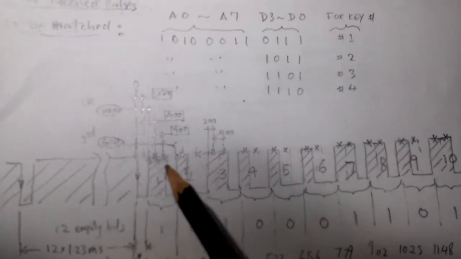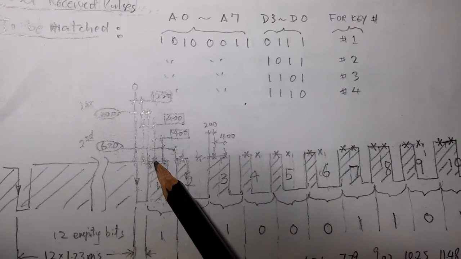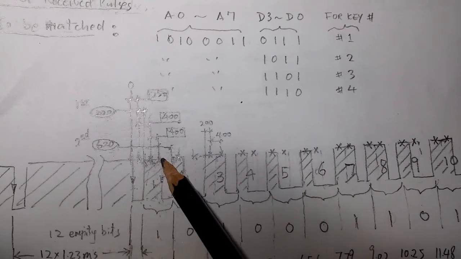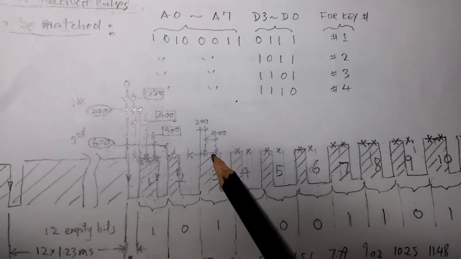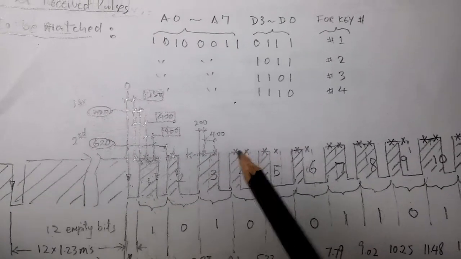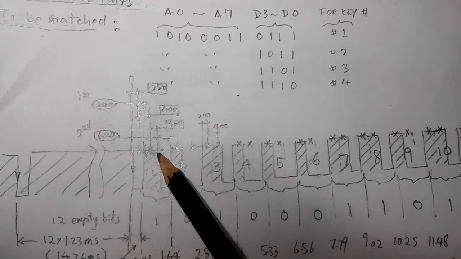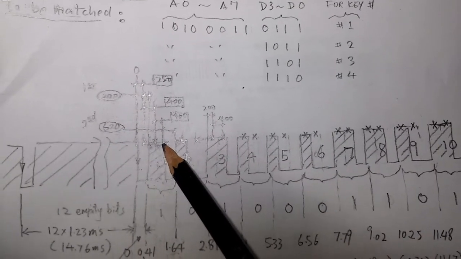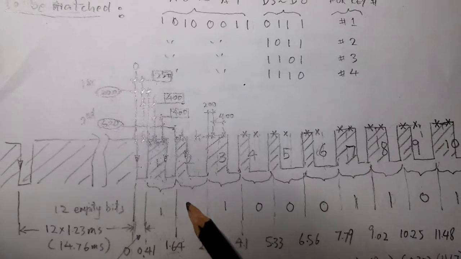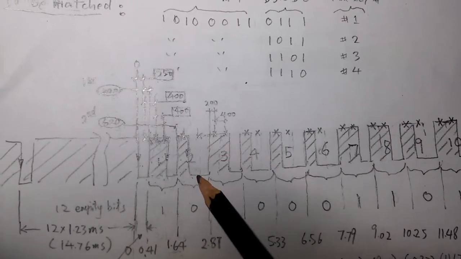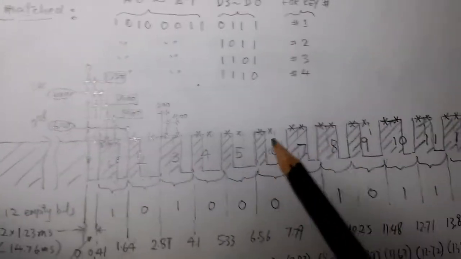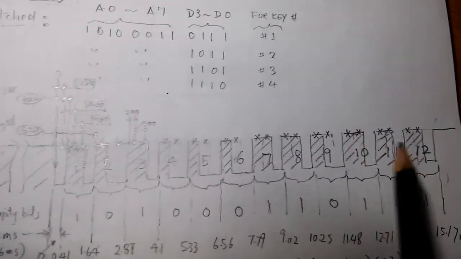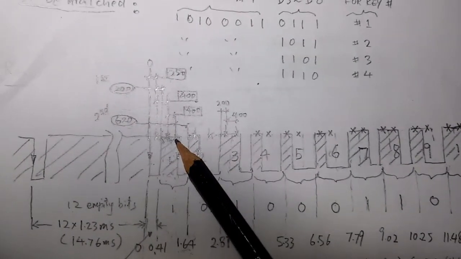For every bit I need to take 2 measurement points, here, here, here, here, here, here, here, here. The second measurement point will identify if this is a 1 bit or 0 bit. If this is low level, it is a 0 bit. All the same here, so you can count how many points I need to take the time measurement.